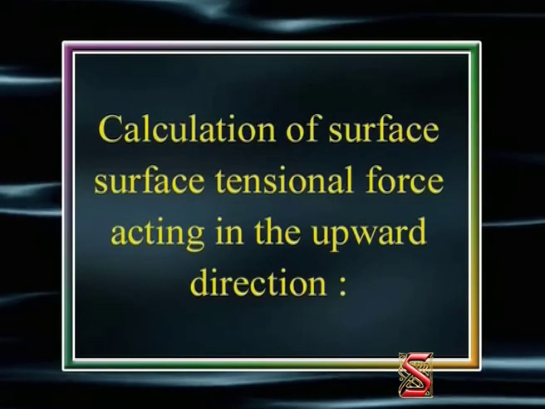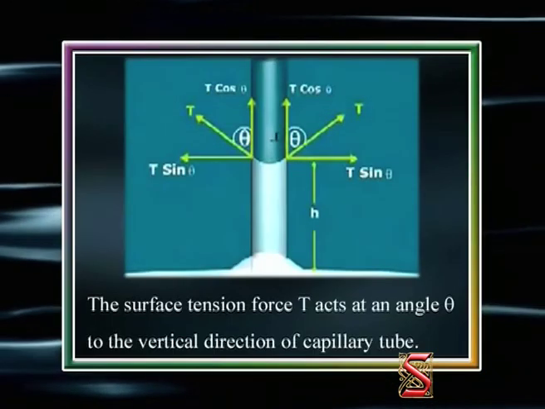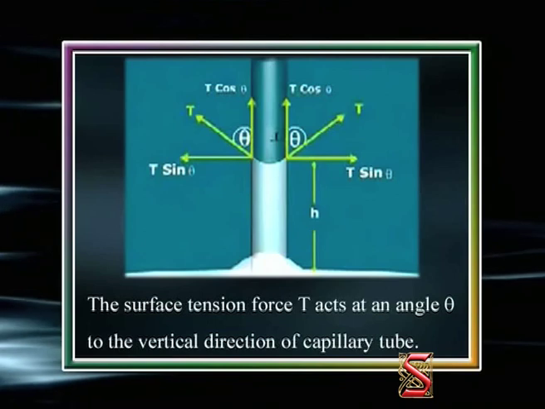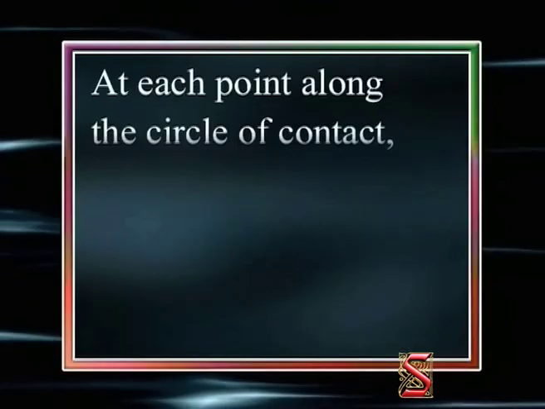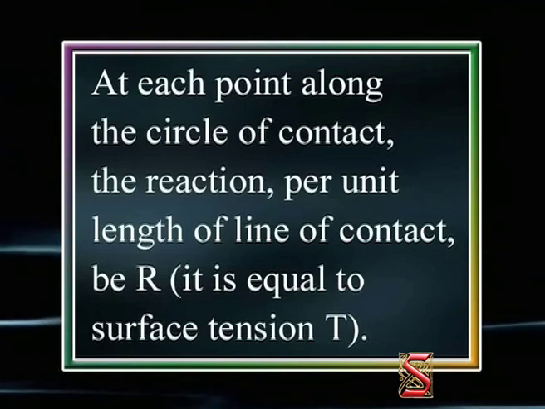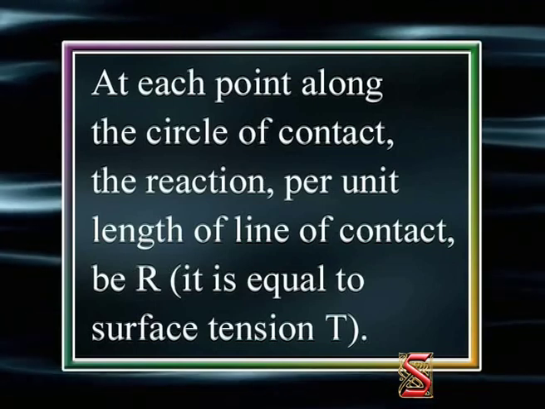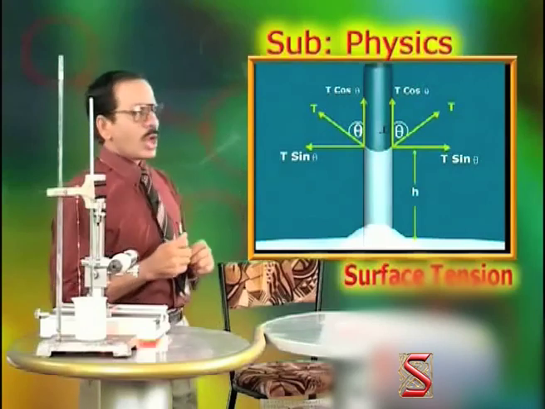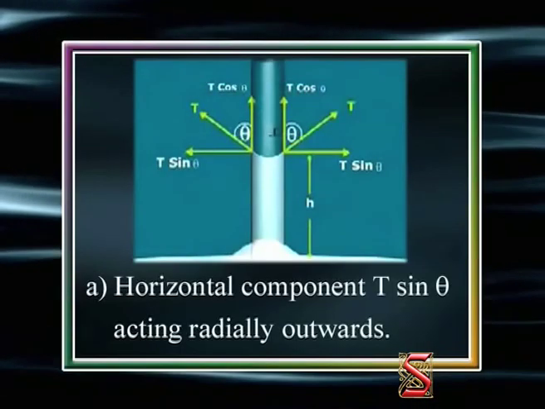Calculation of surface tensional force acting in the upward direction. Now the surface tensional force T acts at an angle theta to the vertical direction of this capillary tube. At each point along the circle of contact, the reaction per unit length of line of contact be capital R. Actually, it is equal to the surface tension T. Now we are going to resolve that surface tension T into its two rectangular components.